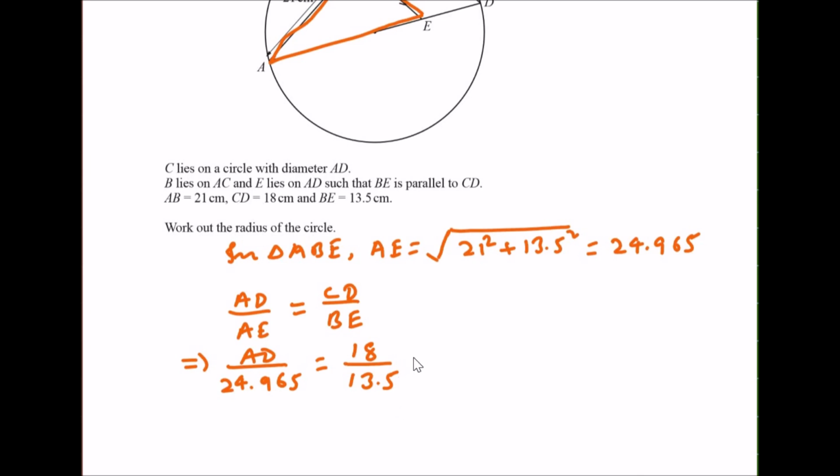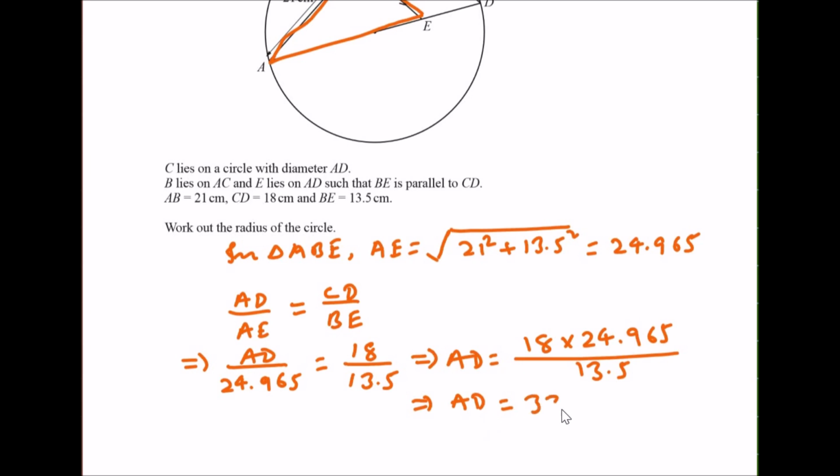Okay. So this implies that AD equal to 18 into 24.965 divided by 13.5, and this implies that AD equal to, if you calculate this, we are getting 33.2866 and so on.